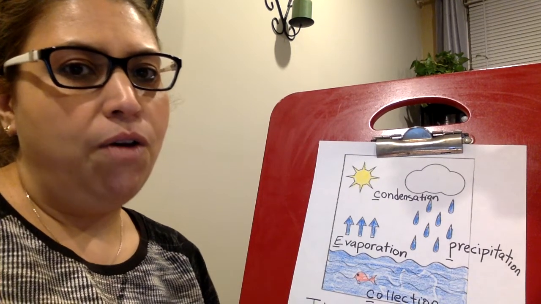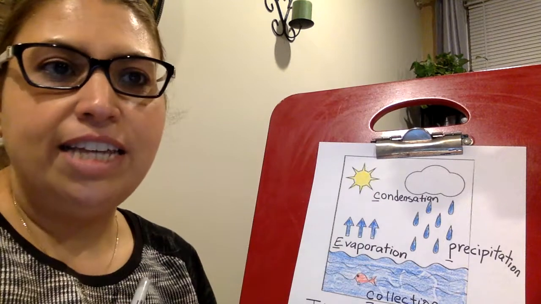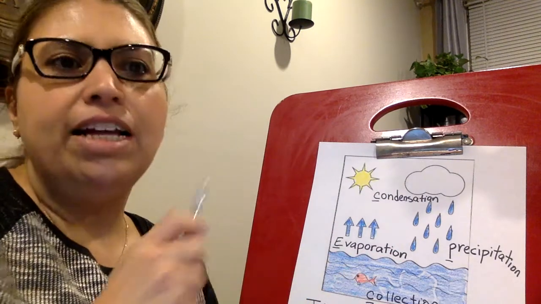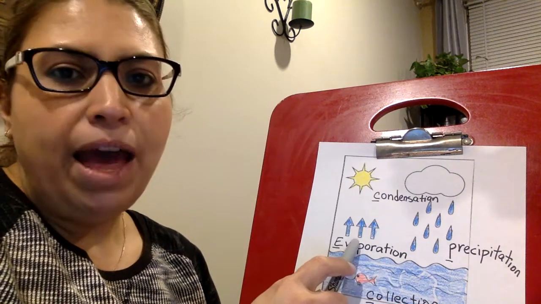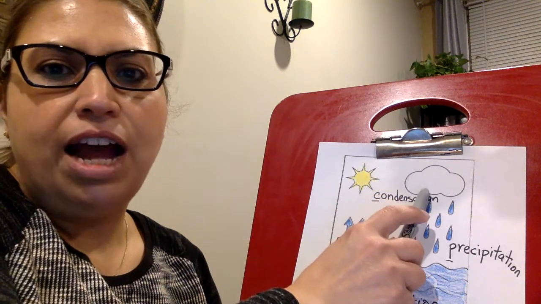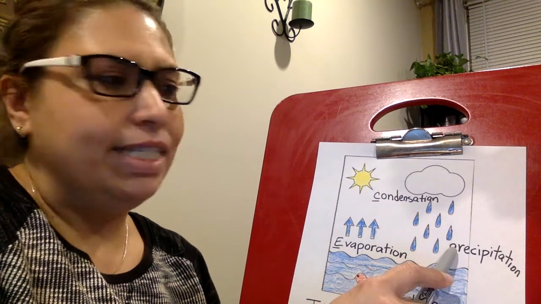Here we go. Water travels in a cycle. Yes, it does. Yes, it does. Water travels in a cycle. Yes, it does. Yes, it does. It goes up as evaporation, forms clouds as condensation, then comes down as precipitation.